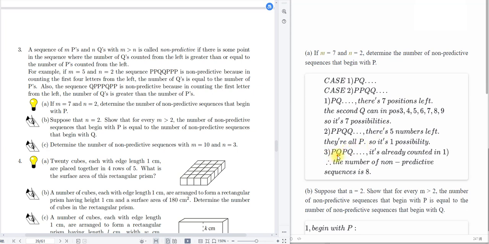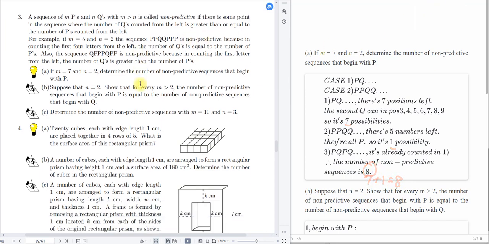And for this one, PQ, PQ, yes, it's a non-predictive sequence, but it's already counted in case 1. See? So the number of non-predictive sequences is 7 plus 1, which equals 8. Okay, let's see part B.